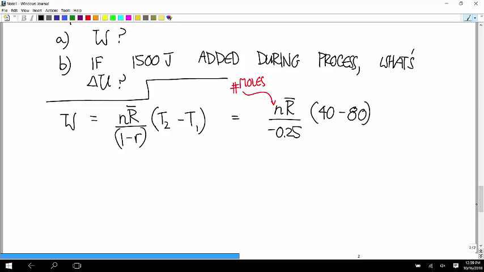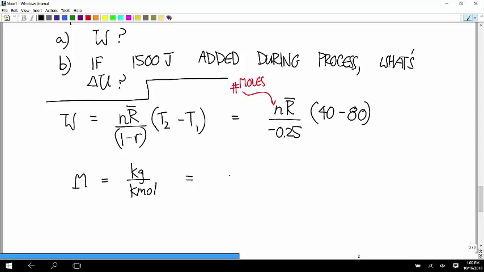To get the number of moles, we know that the molar mass is the number of kilograms per kilomole. For O2, it's 16 for one, right?